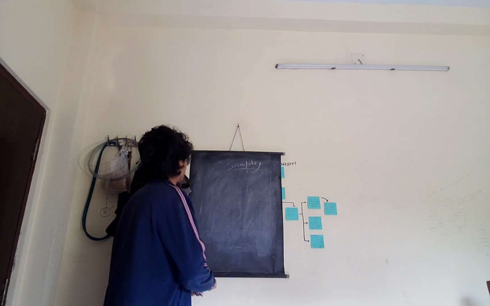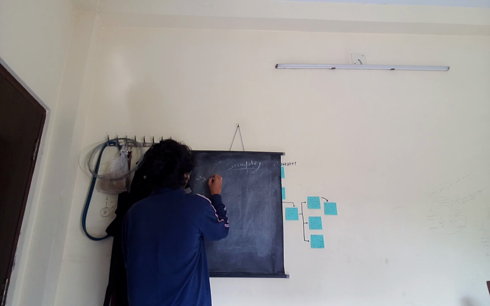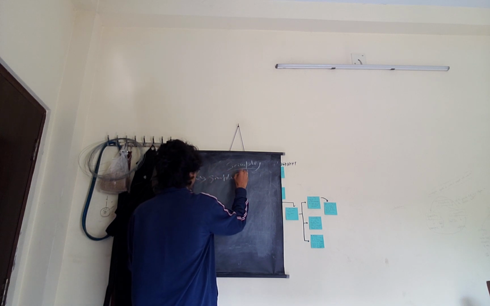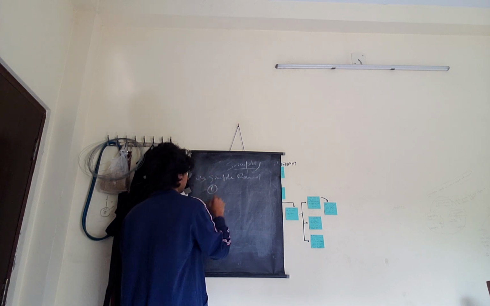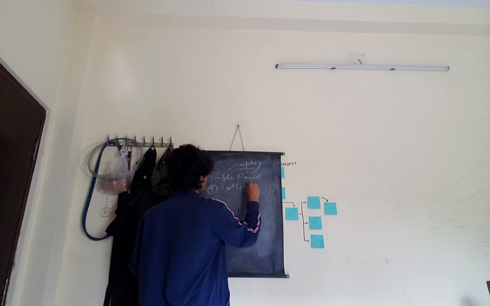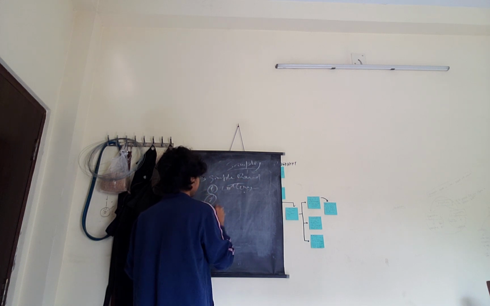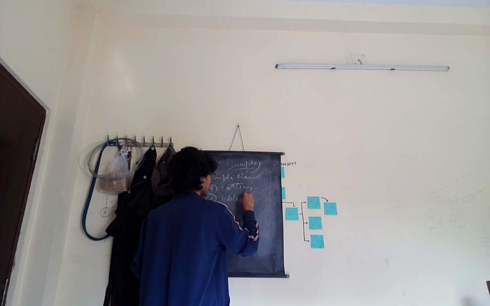Then we discussed simple random sampling, which has two parts: number one is lottery, number two is table of random numbers.